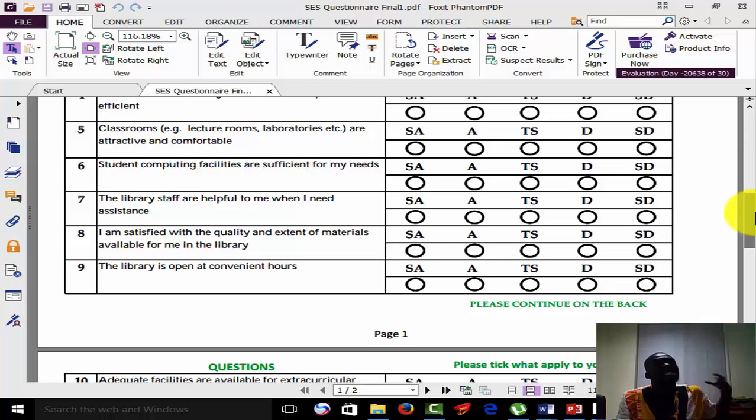If the library is located at a permanent site and we need to take 3 cars before we can access it, what kind of experience are we enjoying? A bad one. So I will accept the distance, the location.